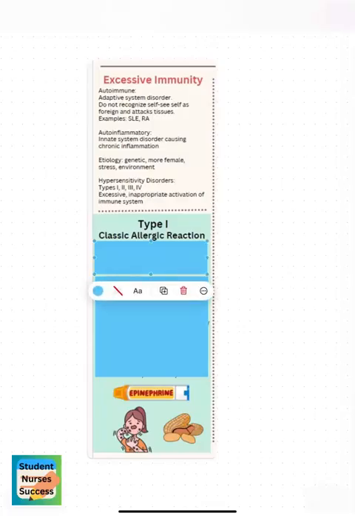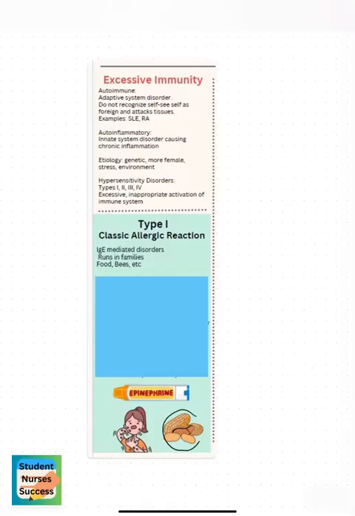Type 1 is our classic allergic reaction. Our classic allergic reactions are IgE mediated disorders. They tend to run in families and they include allergies such as food allergies and bees. Those are probably some of the more common ones. But down here, you see this picture of the peanut, the dreaded peanut allergy.